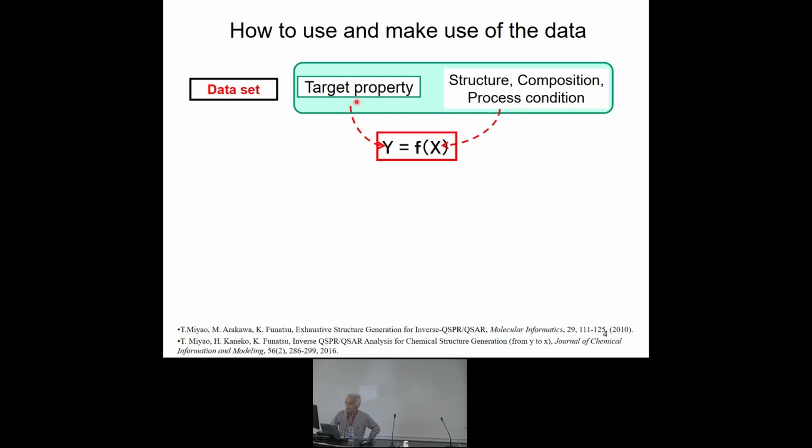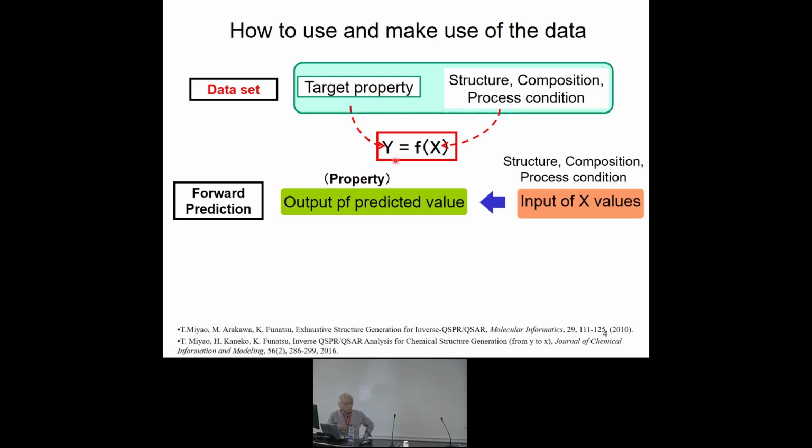So by using the target property as Y and structure, composition, and process condition as X, this kind of statistical model is constructed. So usually we can use this model as forward prediction. If researchers input structure, composition, and process condition, which the researcher considered, after inputting this information as X into the model, we can get the output predicted value, namely the property. Very simple.